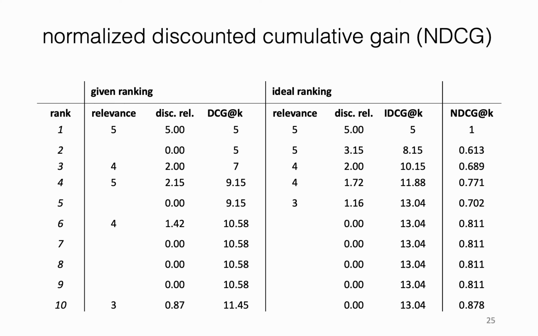The discounted relevance and cumulative gain are shown in the next 2 columns. Note here that after rank 5, there is no relevant item, so the IDCG at k remains at its highest value, 13.04. And the last column simply divides DCG with IDCG to get NDCG.